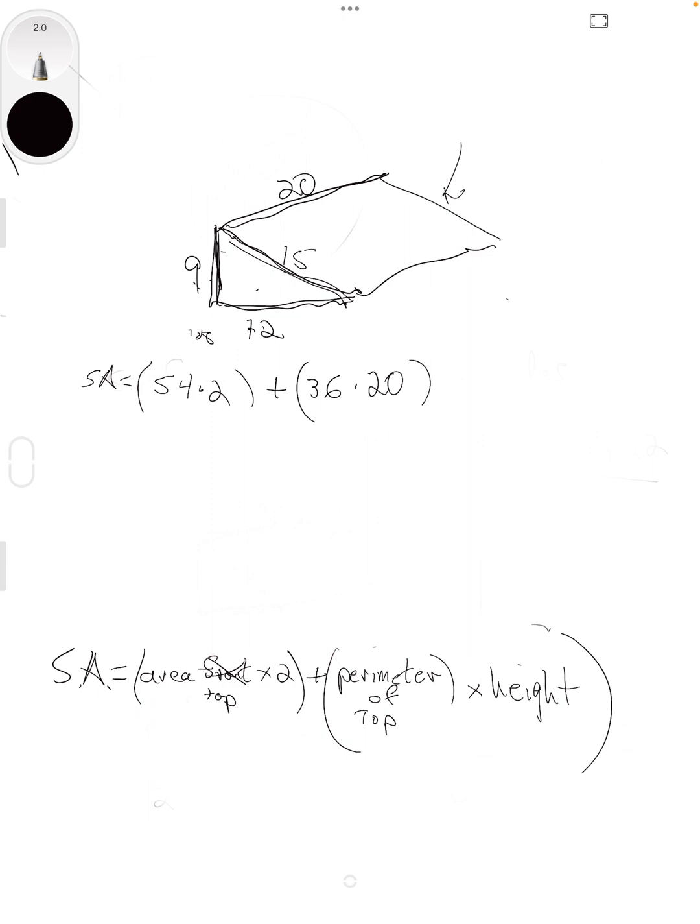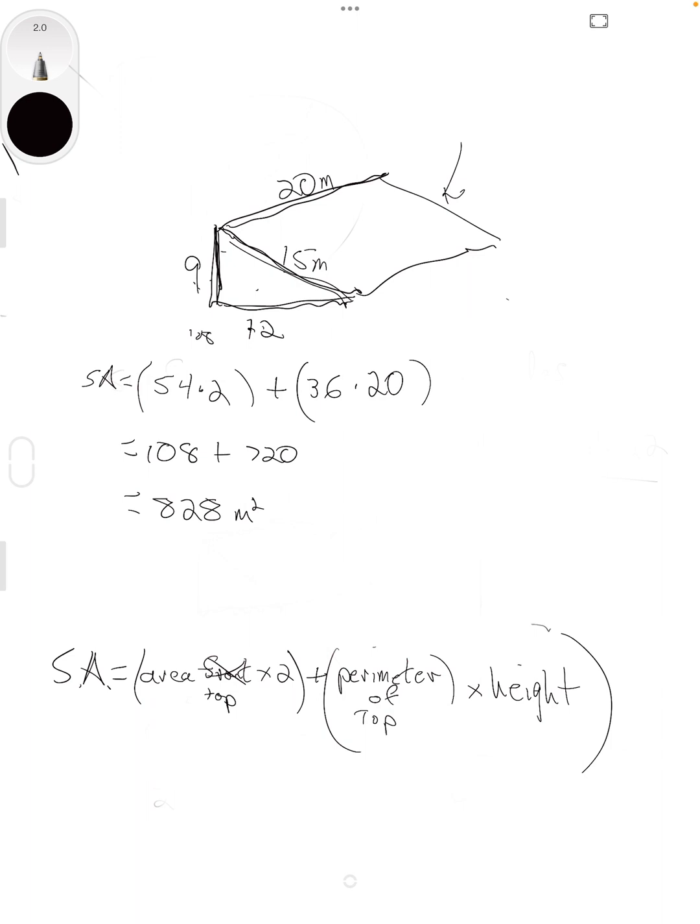So that's the surface area. So it's going to be 108 plus 36 times 20 is 720, so that'd be 828. And whatever this is, if this was, let's say, meters, then the surface area is meters squared.